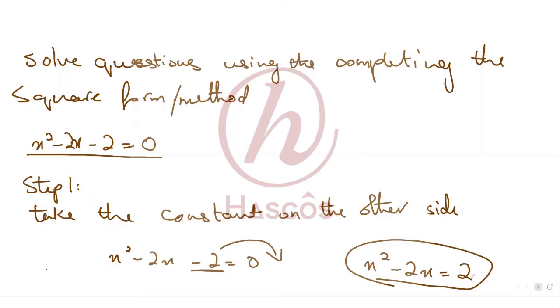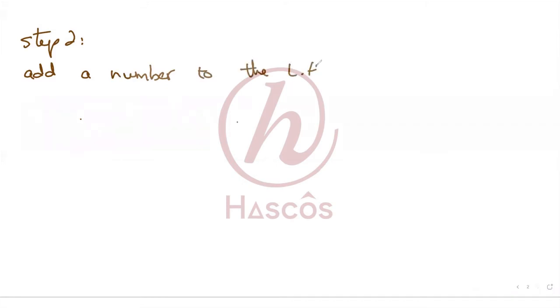Alright, so you've taken the constant on the other side and you have a rearranged equation, x squared minus 2x equals 2. Then you have step number 2 in which you need to add a number to the left hand side to make the side a perfect square.